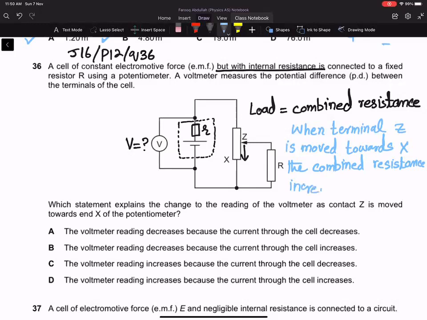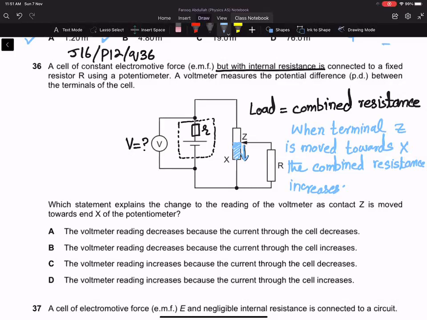The reason for the increase is that the part of resistor X that is parallel to capital R will decrease. The shaded part will decrease. You have to focus on this. When it is moved downwards, the shaded part will go on to decrease. That will result in an increase of the combined resistance.